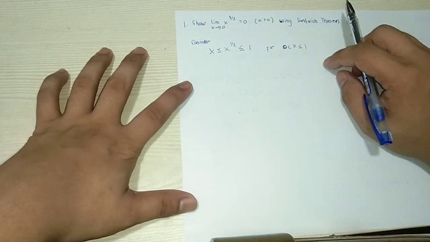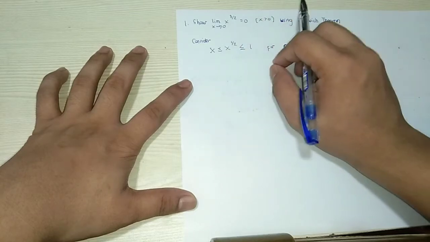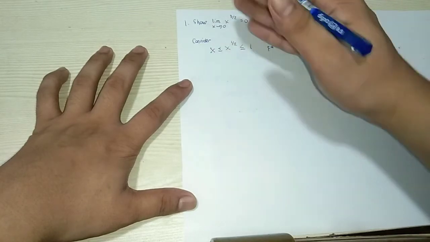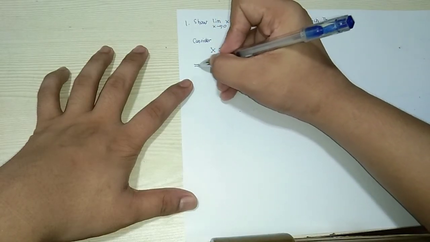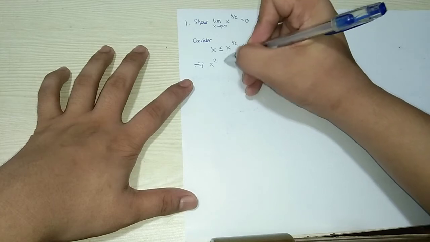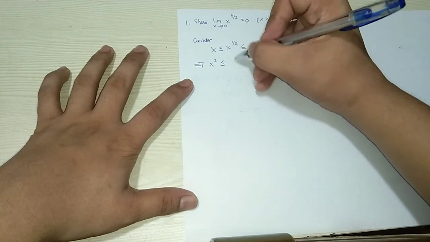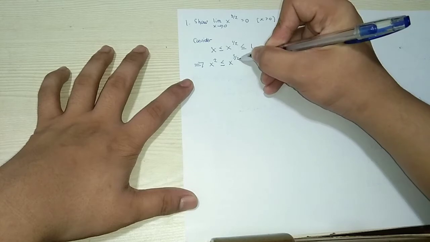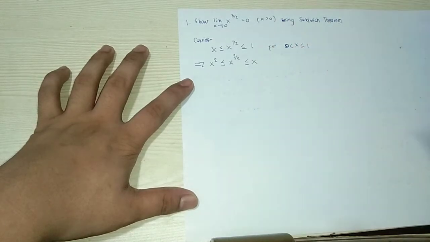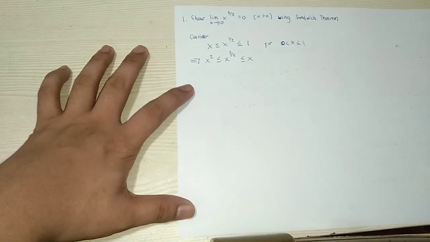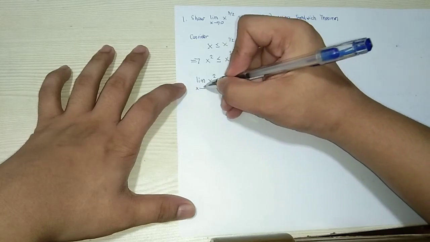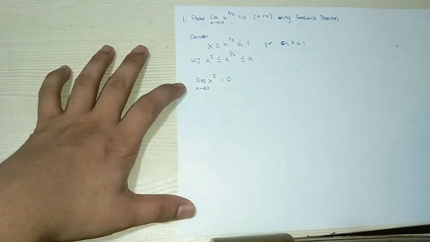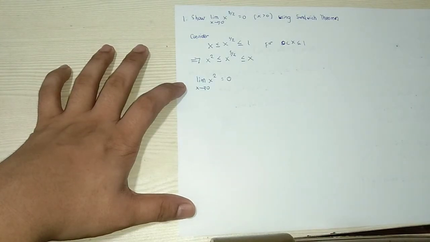Okay? Now, i-square natin both sides to. I-multiply natin both sides by x. So this implies x squared less than or equal to x raised to 3 halves, less than or equal to x. Okay. Now, para saan yan? Kung kukunin natin yung limit ng x squared as x approaches 0, that is 0. Okay?